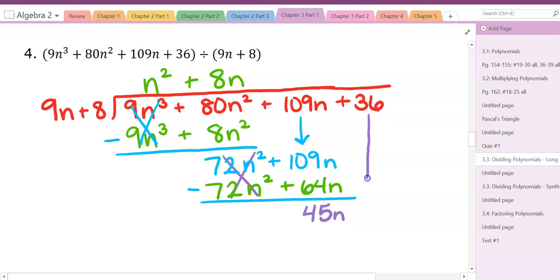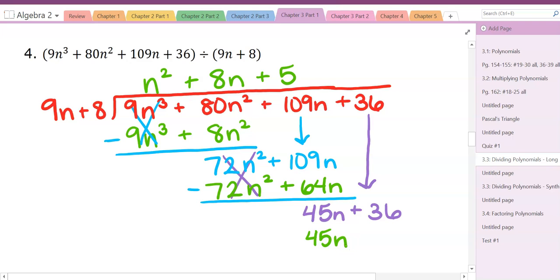Drop down that 36. Okay, so 9n times what will get me to 45n? 5, just 5. I don't need any more n's. So plus 5. So 9n times 5 is 45n.